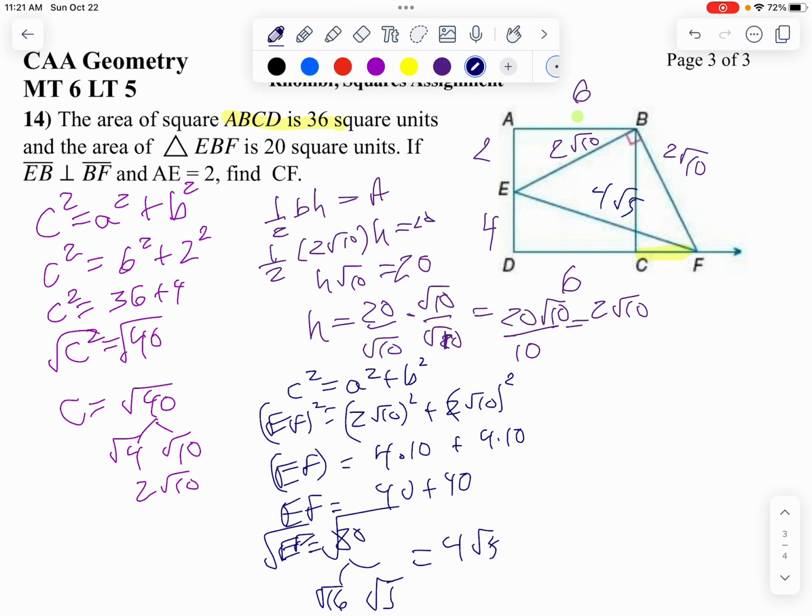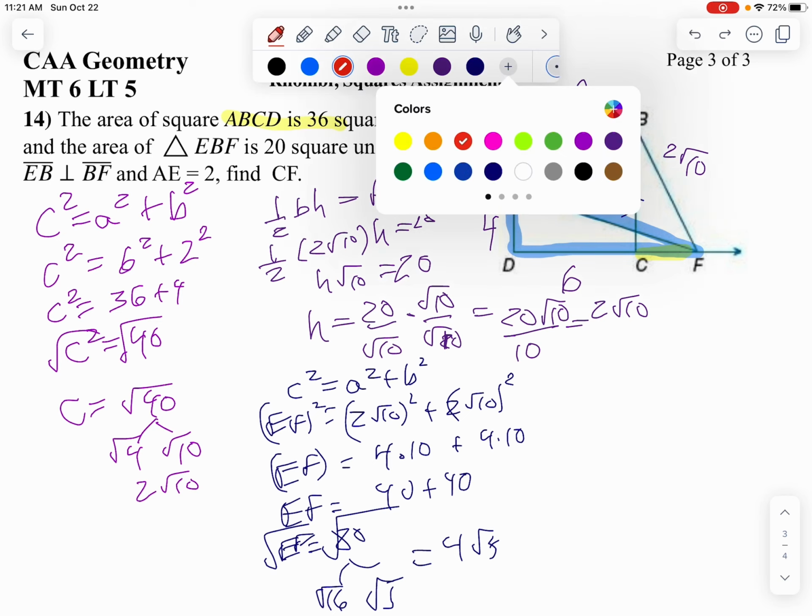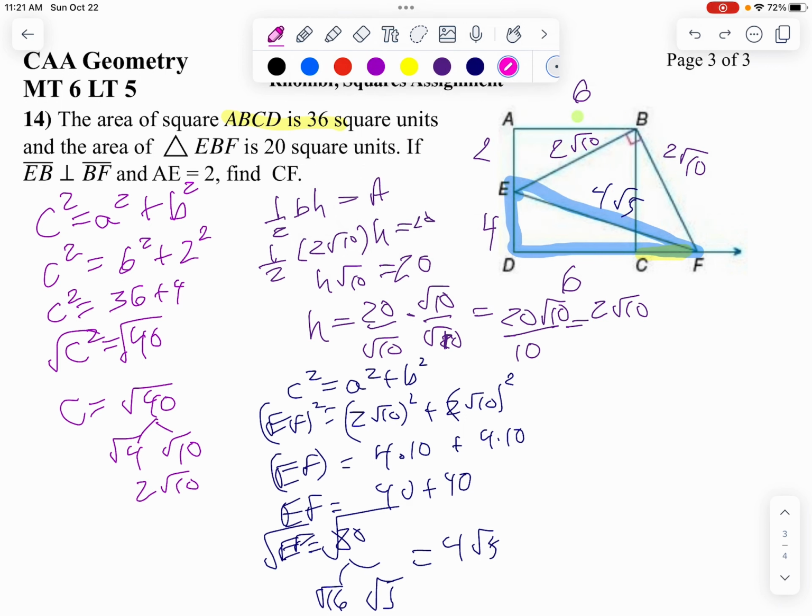Oh, there we go. You see how we're going now? Now let's use the Pythagorean theorem in a triangle. Let's trace this so we know what we're looking at here. Let's take a look at triangle EDF. So I'm going to use the Pythagorean theorem there. C squared equals A squared plus B squared.